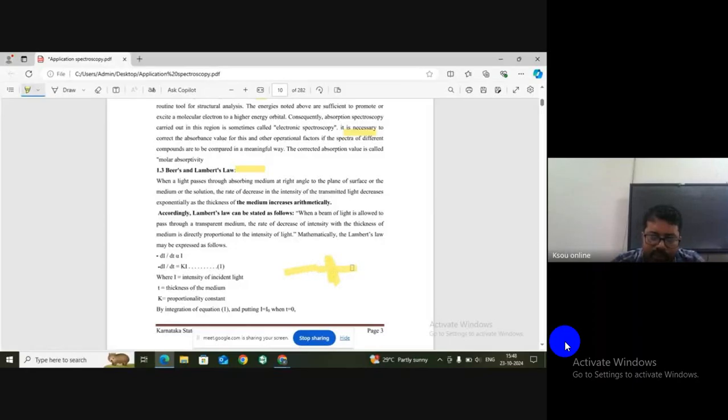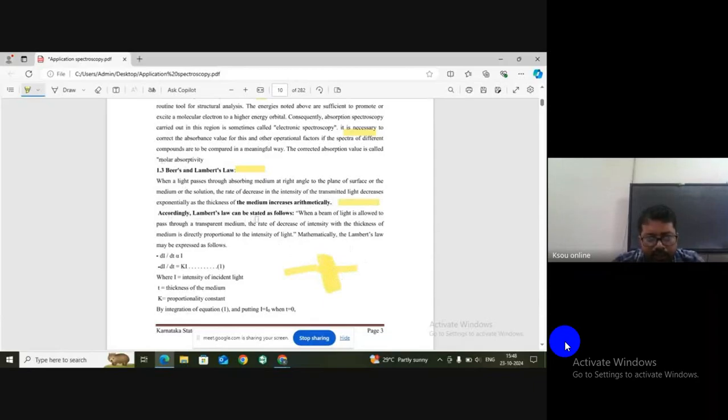According to Beer's approach, it decreases exponentially as the thickness of the medium increases arithmetically. This is Beer's law.